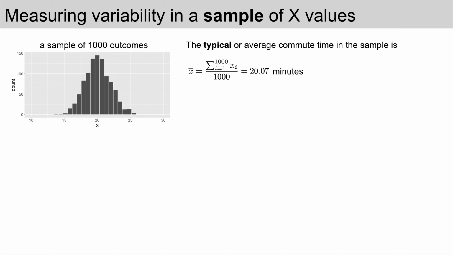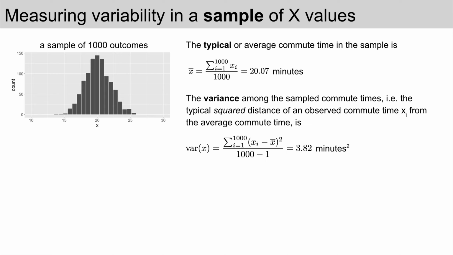If you've taken an introductory statistics course, you also learned, but don't necessarily remember, that the variance in commute times measures the typical squared distance of an observed commute time from the average commute time.